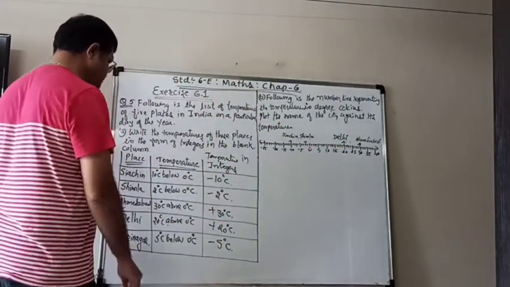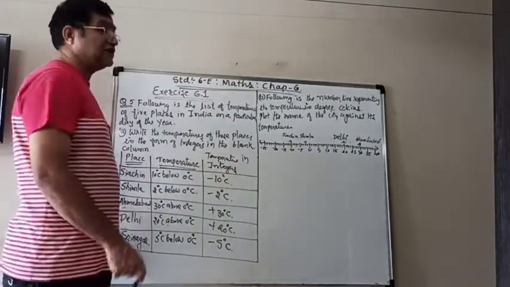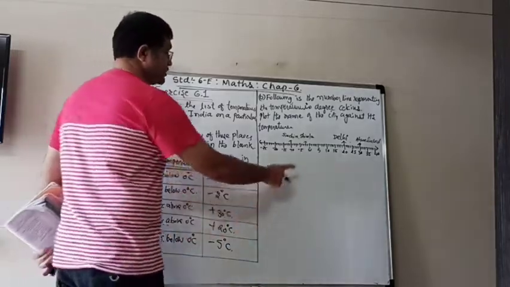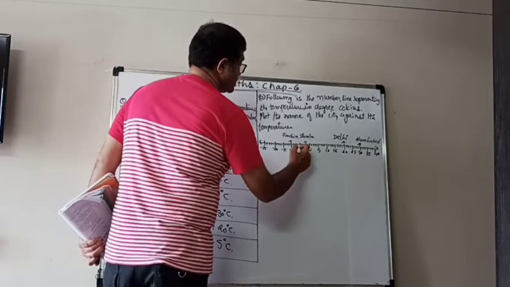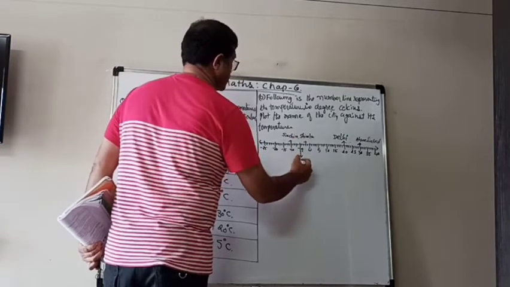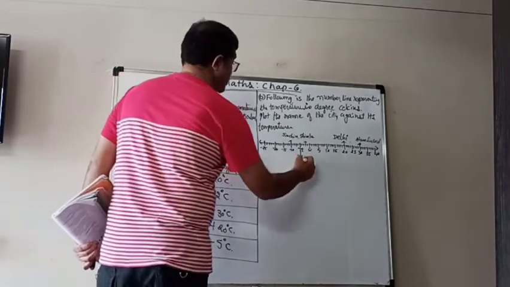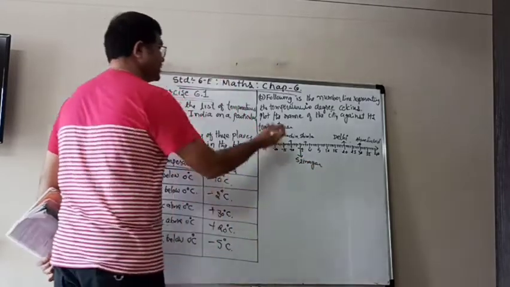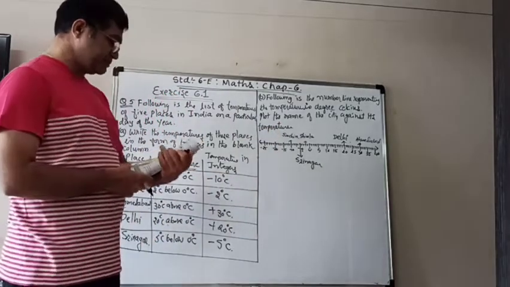And the last one is Srinagar. Srinagar is minus 5 degrees Celsius. So minus 5 is here. Here we will go down because there is no place to write, so here we will write down Srinagar. So by this way we can represent them.